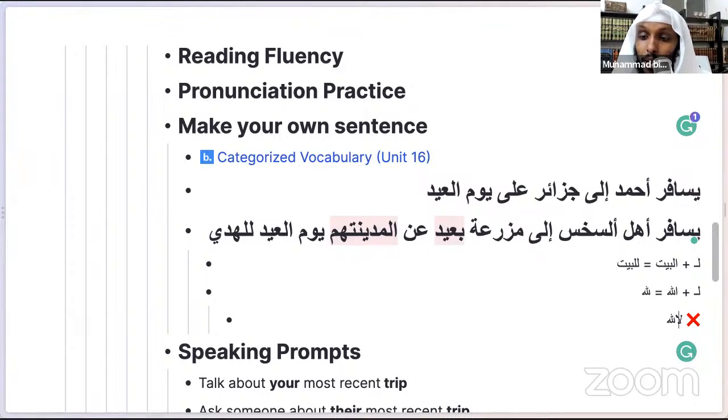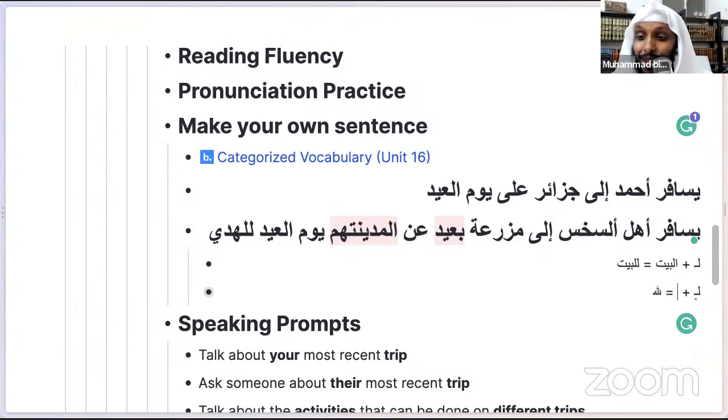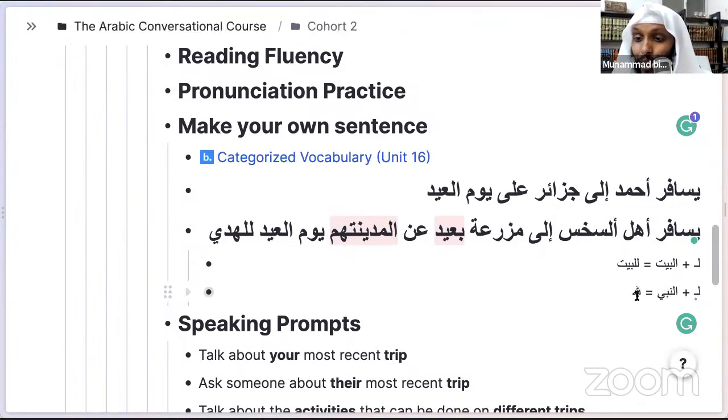That's how it's meant to be, but that's not how it becomes. Instead, we get rid of this alif so that it becomes like this. Well, it should have been 3 lams, but then one lam got dropped as well. So maybe this is not a good example because there are 2 rules here. Let's say instead of Allah, Ar-Rasul and An-Nabi, so you don't get confused. It becomes Lin-Nabi. Okay, clear.